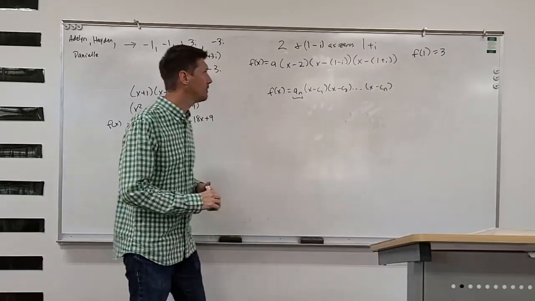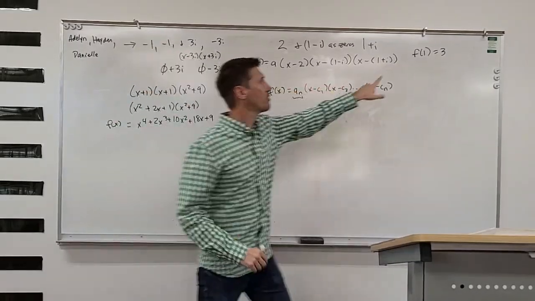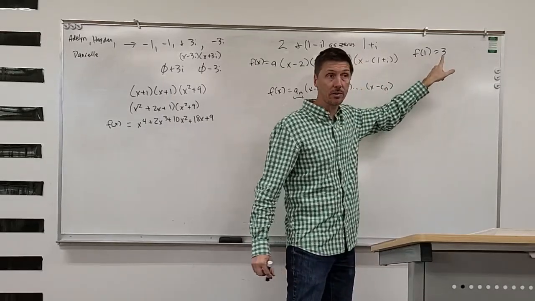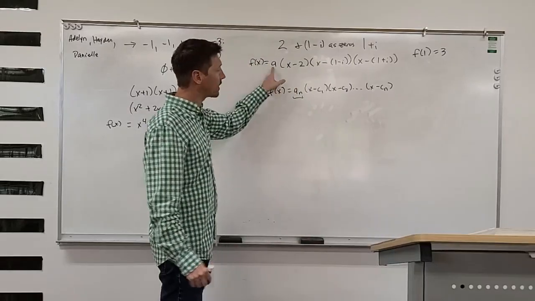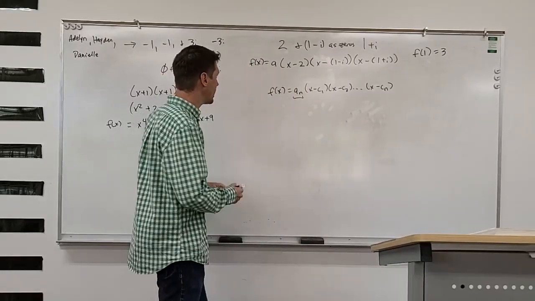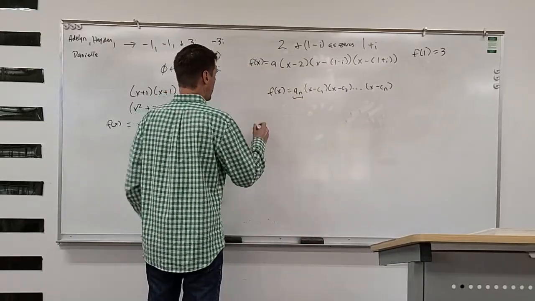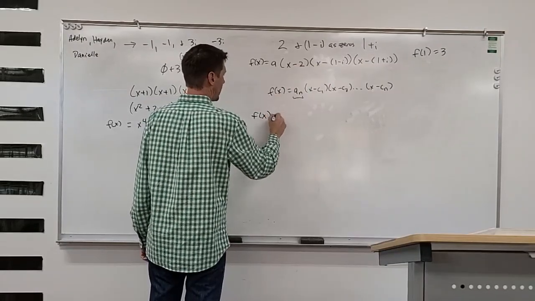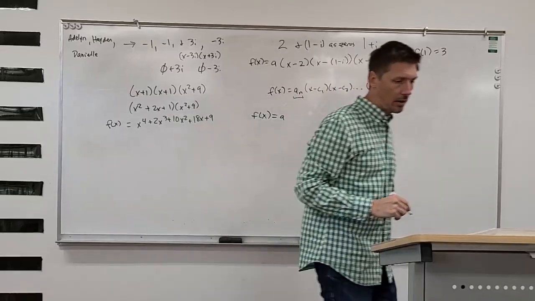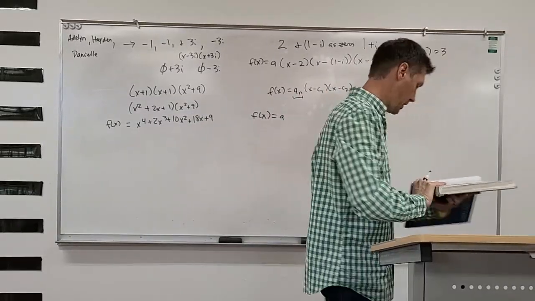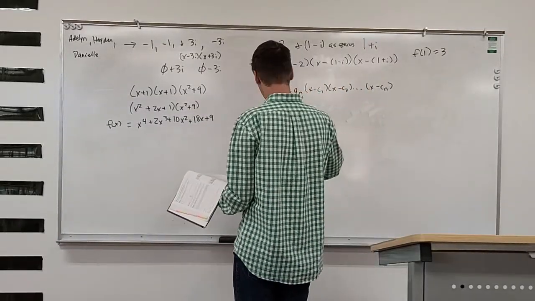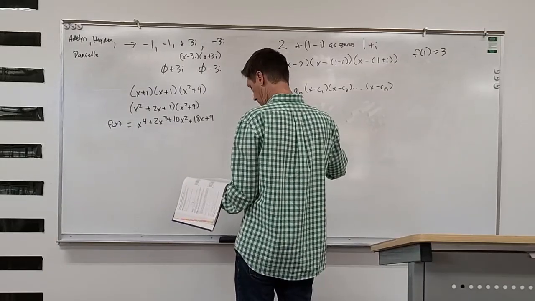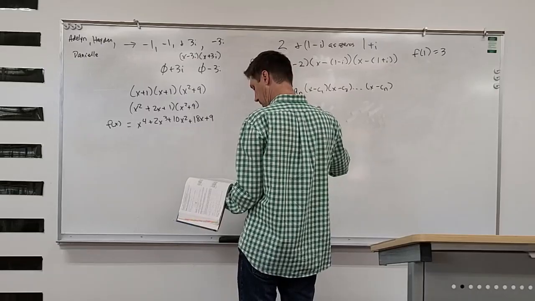The reason I'm having to leave the a in there this time is because we're trying to find a specific cubic polynomial function where if I plug in 1, it gives me 3. And so I'm going to have to figure out what this a term is this time. So I do everything that I did before, and we've got all these factors here that we would multiply out, and if we did all of that, I just don't have time to do it all, but I trust you guys. I'm confident you're capable enough in your multiplication skills and working with imaginary numbers that you would come up with this answer right here.